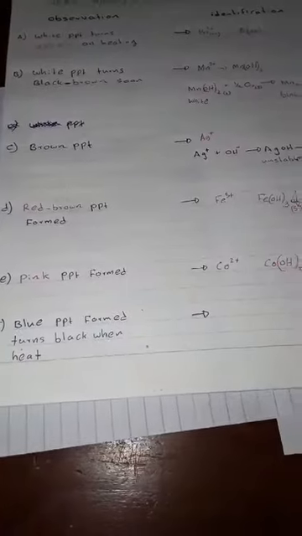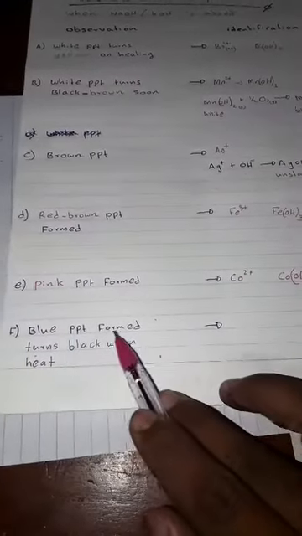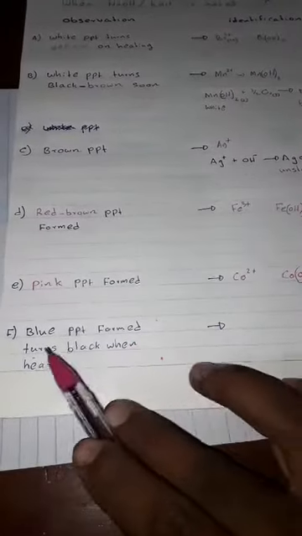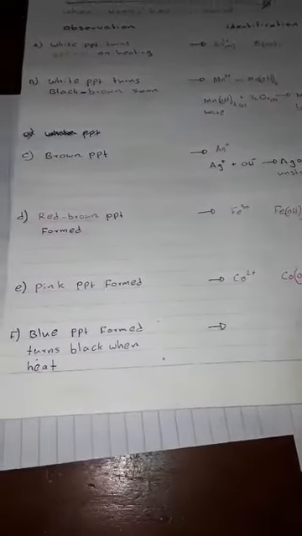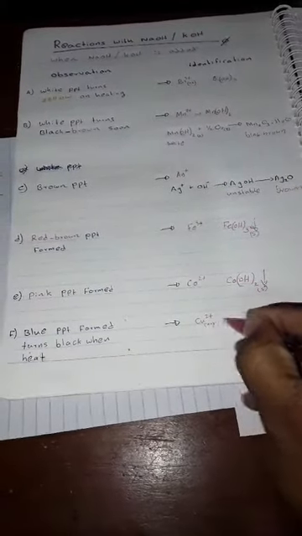The next one is, if it gives a blue precipitate and it turns black when heating, that means Cu2+ ions are present. The blue precipitate forms with the addition of sodium hydroxide.